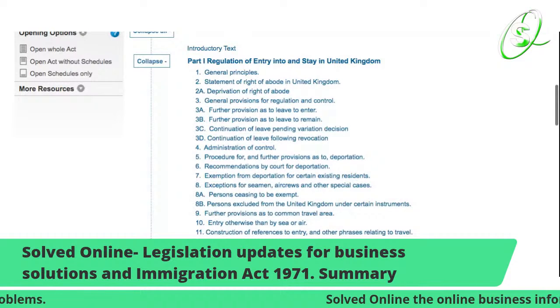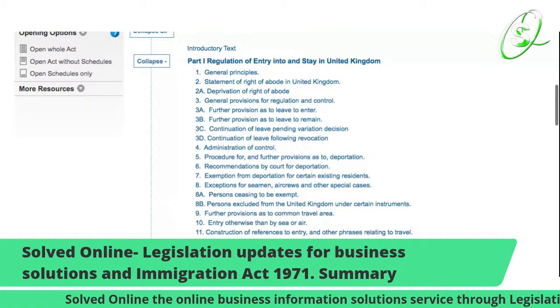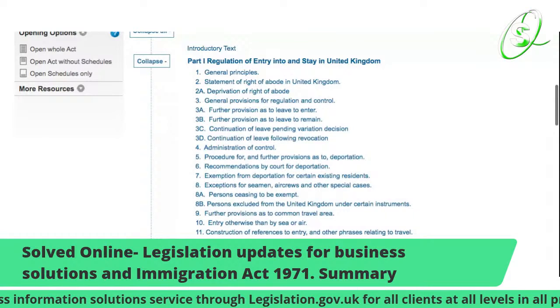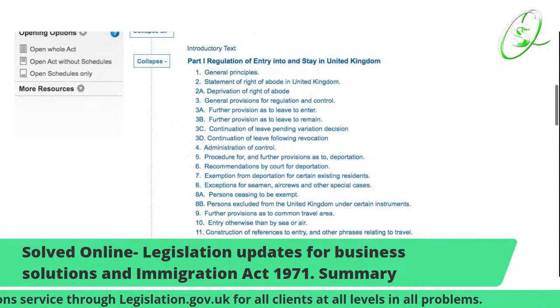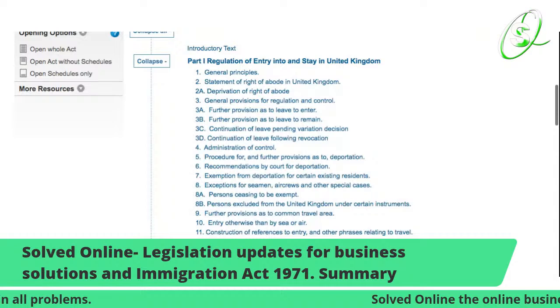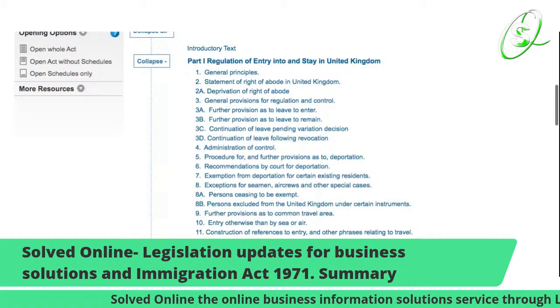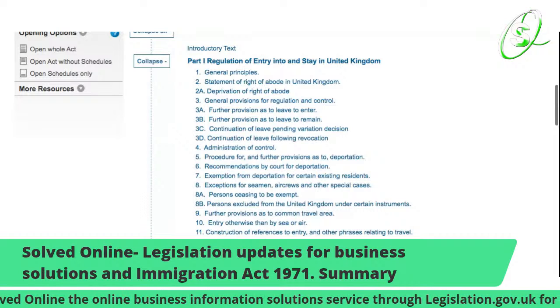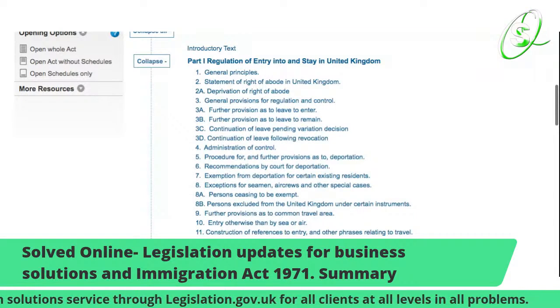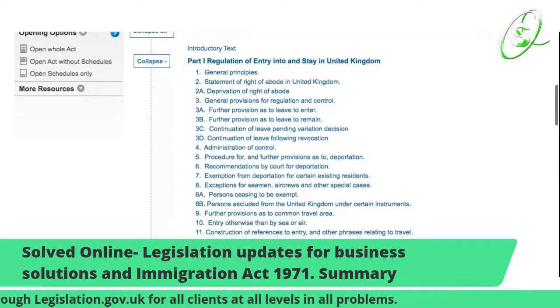We have general provisions for regulation and control. 3A, further provision as to leave to entry. 3B, further provision as to leave to remain. 3C, continuation of leave pending variation decision. 3D, continuation of leave following revocation.